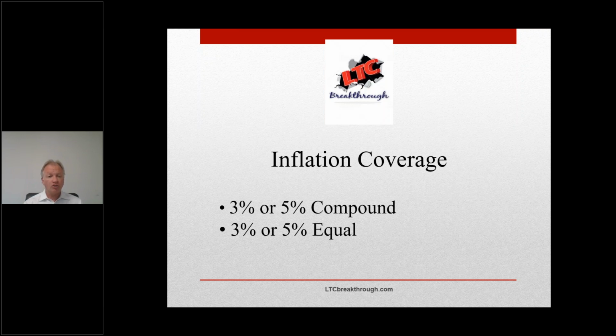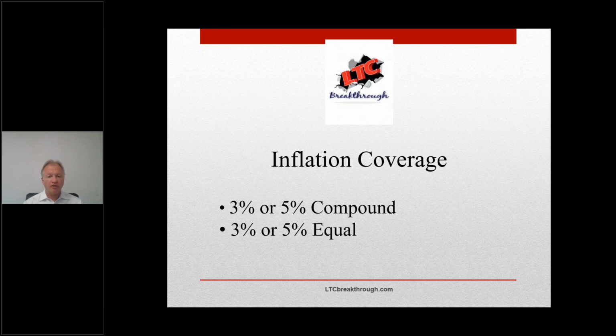So you know the cost of care will continue to increase every year until you actually need that care. So we want your benefits to keep up with the actual cost of care. So once again, your monthly benefit and your lifetime maximum will both grow by the inflation option that you select.